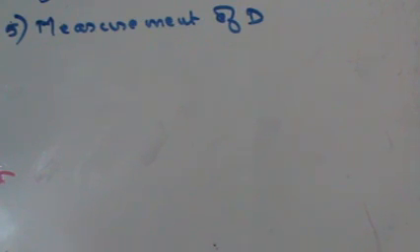Hence, D is the distance between the slit and the eyepiece, which can be easily measured. And that is contrary to what people generally believe, that it is the distance between the biprism and the eyepiece. No, it is not the distance between the biprism and the eyepiece.